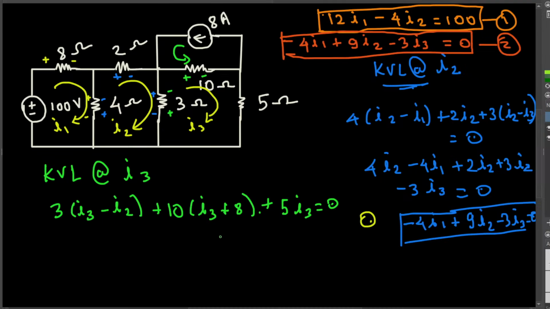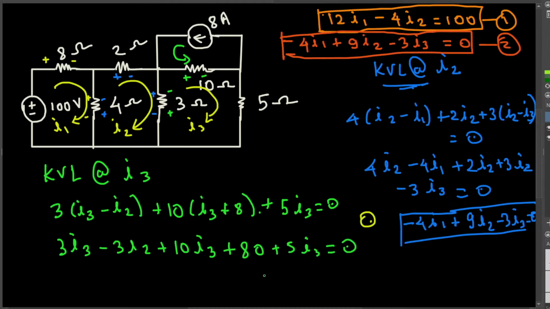So let's expand and simplify this one. This is 3 I3. And then 3 times negative I2, that's negative 3 I2. And then plus 10 times I3, that's 10 I3. And then 10 times 8, that's 80. Plus 5 I3, that's equal to 0. Now let's add the like terms.